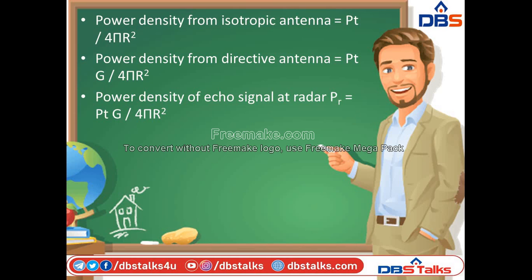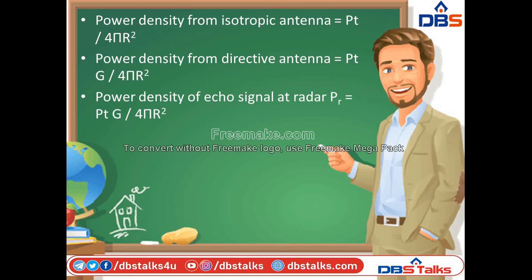For that, the power density from an isotropic antenna is P equals PT by 4 pi r square. The power density from the directive antenna is PT G by 4 pi r square, where G we can call GT.